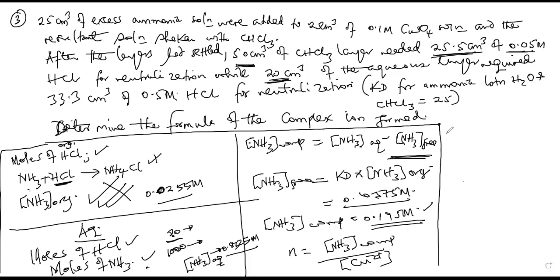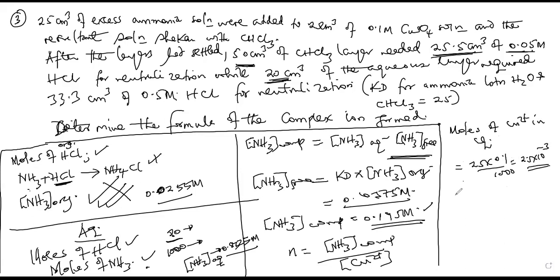So first get moles of copper in aqueous, and those are going to be 25 times 0.1 out of 1,000, you get 2.5 times 10 to the power -3 moles.